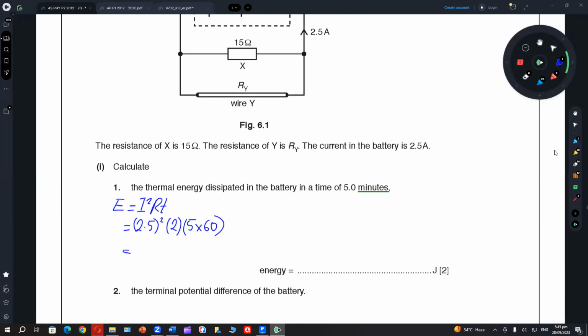So see how much we get on this. You'll get 3,750, which will be 3,800.